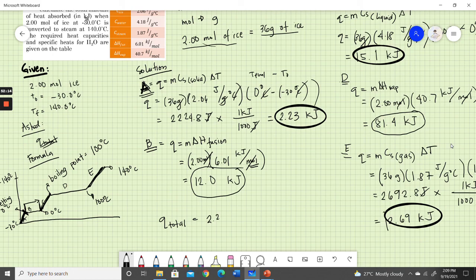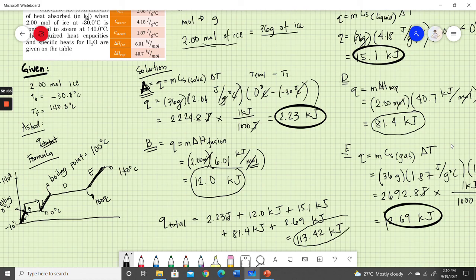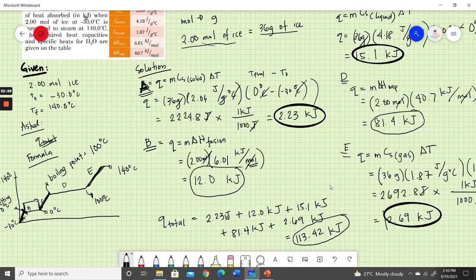So we have 2.23 joules plus 12.0 kilojoules, this is kilo, sorry, plus 15.1 kilojoules plus 81.4 kilojoules plus 2.69 kilojoules, and this would give us a grand total of 113.42 kilojoules. So that is our final answer.